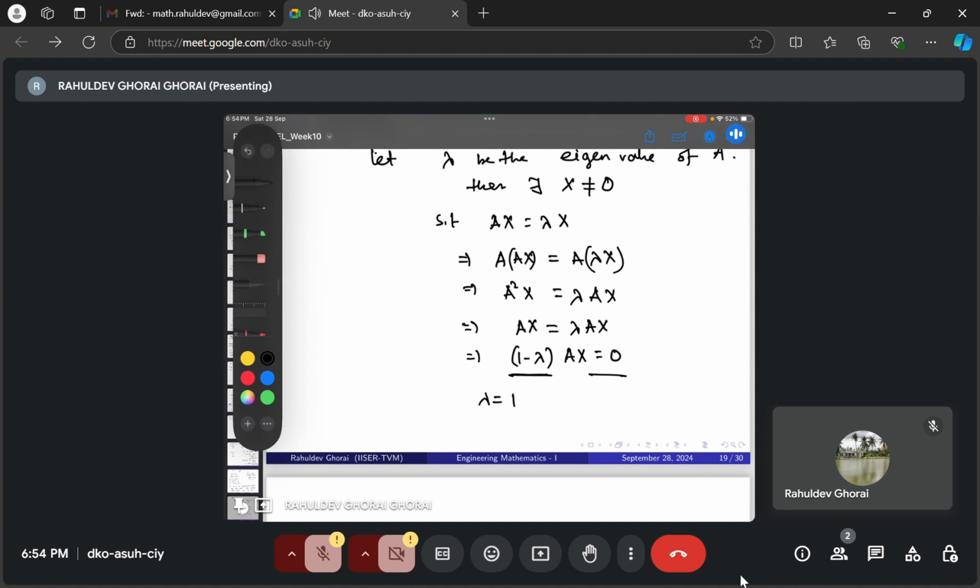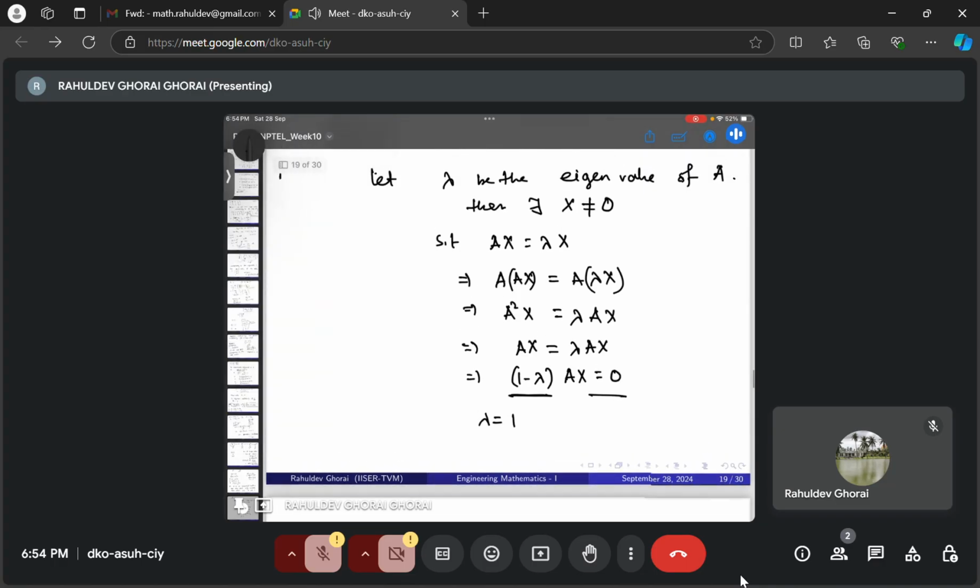So instead of doing it in this way, let us do it another way. Okay, so first of all, you have Ax is equal to lambda x. If you multiply by A again, A square x will be lambda times Ax. Again, in this, if you have Ax, then what will happen?